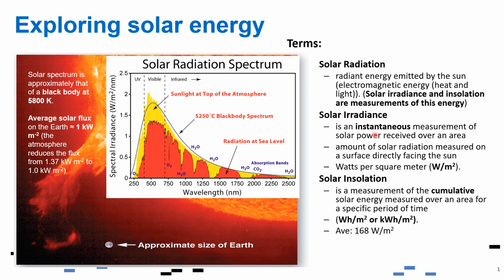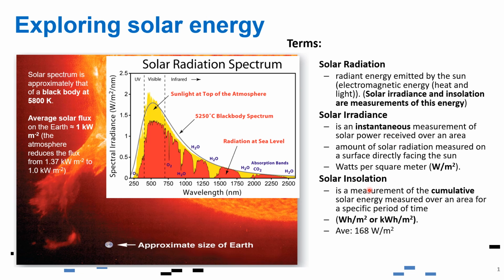Solar irradiance is basically the instantaneous measurement of power. So it means at a specific time. When we say at 12 noon the solar irradiance is around 1,000 watts per square meter, this is the amount of power emanated by or absorbed by the Earth at that point in time.